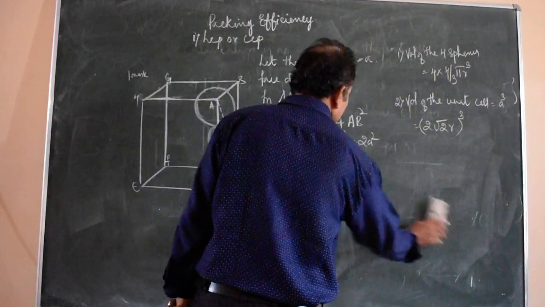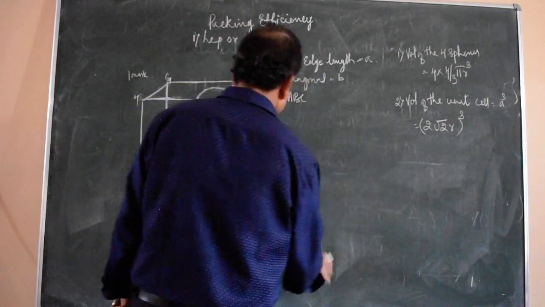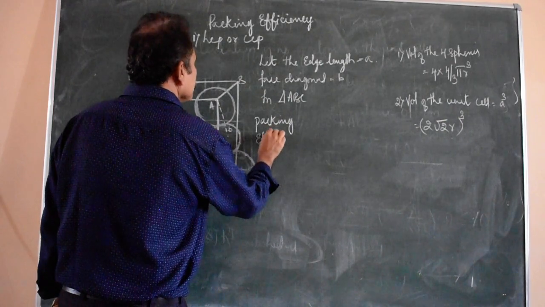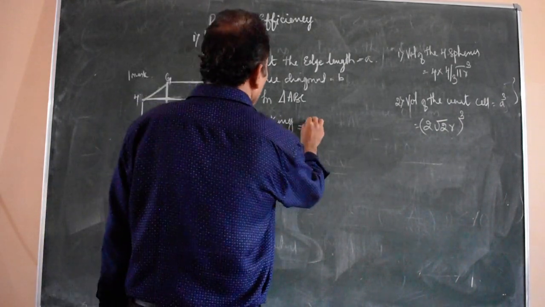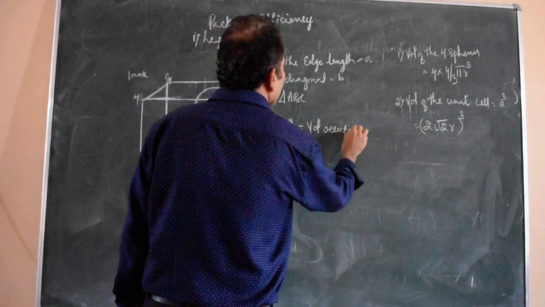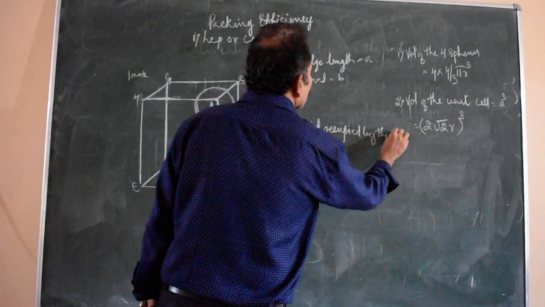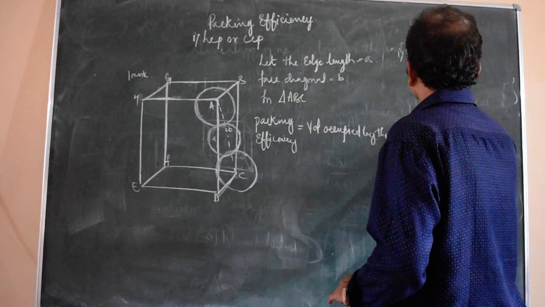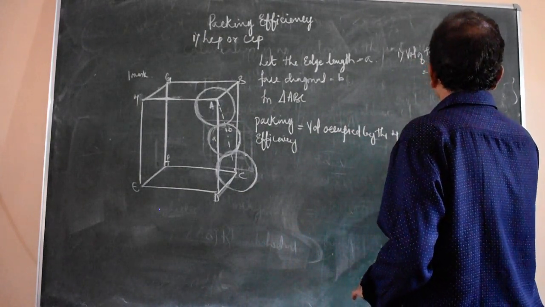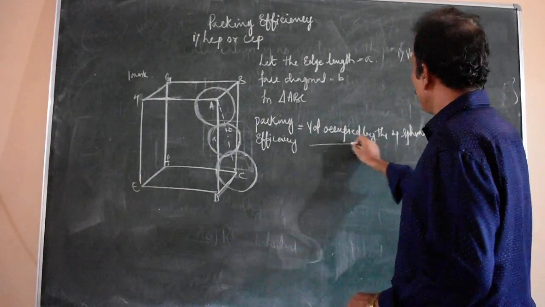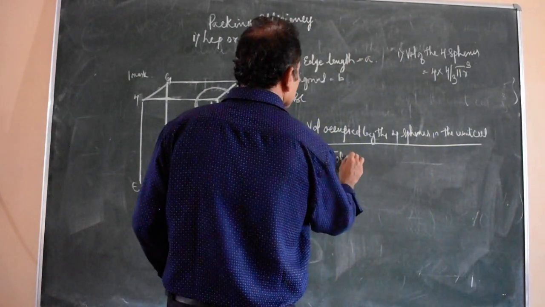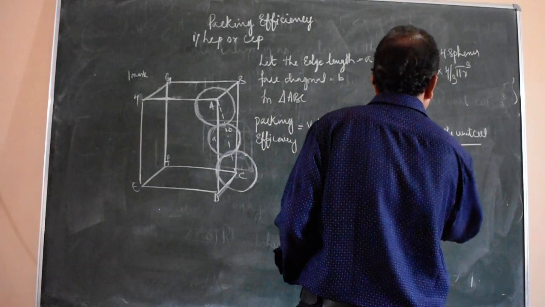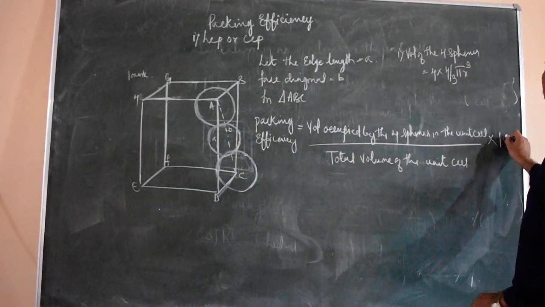Therefore, packing efficiency is equal to volume occupied by the 4 spheres in the unit cell divided by total volume of the unit cell, multiplied by 100.